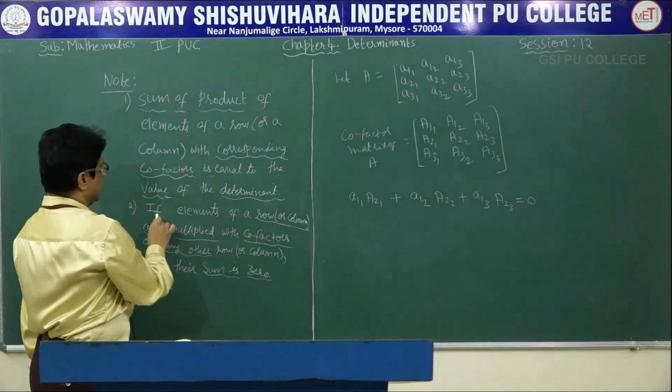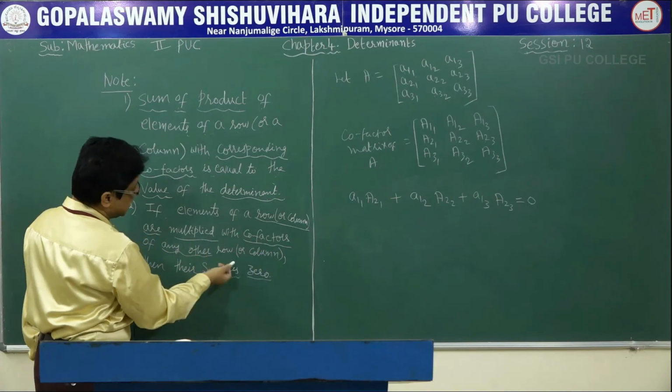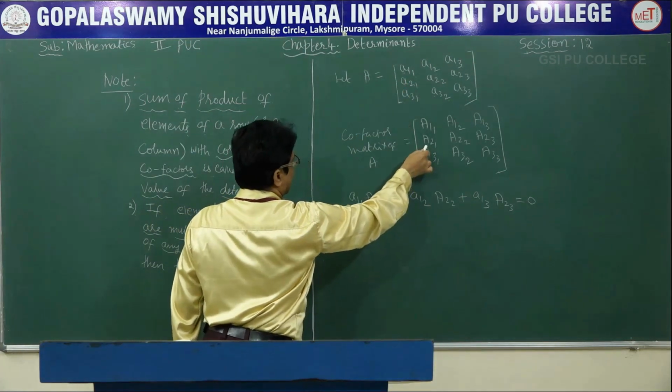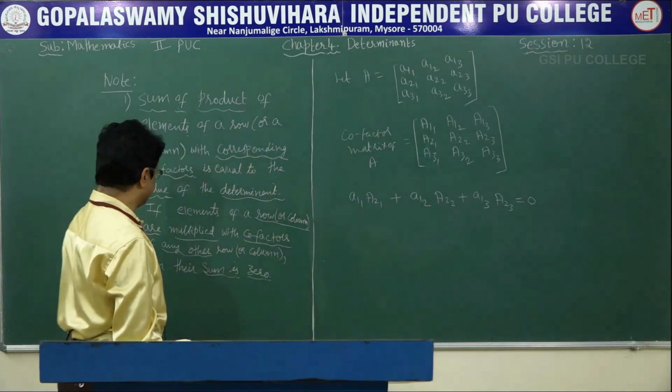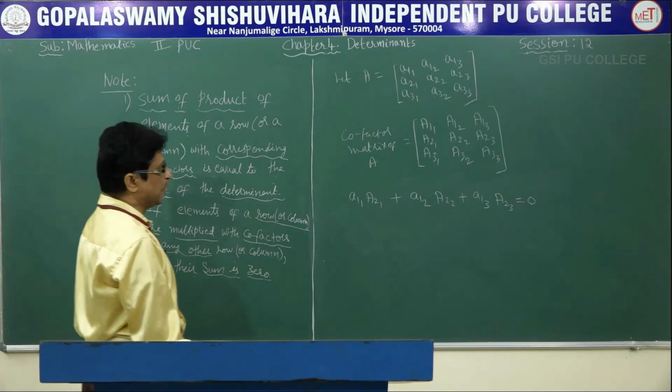That is, if elements of a row or a column are multiplied with cofactors of any other row, so I have taken elements from the first row and cofactors from the second row, then their sum will always be equal to 0.